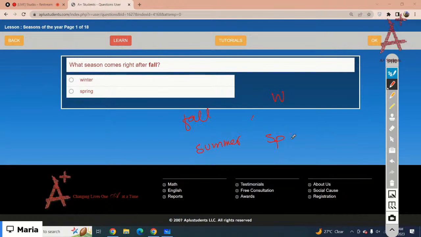Got it? So after winter, you have spring. After spring, you have summer. After summer, you have fall. And after fall, you have winter. So you need to see which season comes after fall. So which one is after fall?